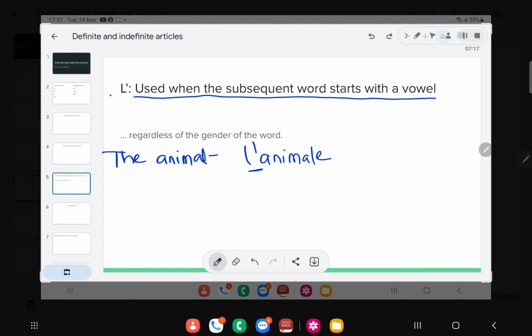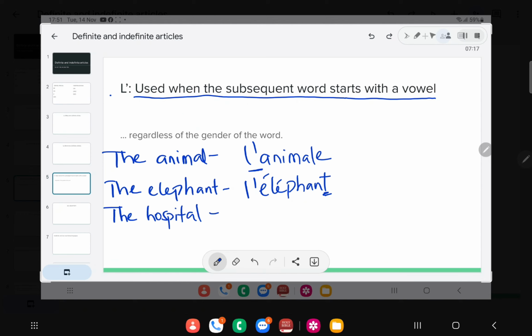If I wanted to say the elephant, this would be l'éléphant. The T is silent because it is not followed by an E. So the elephant, l'éléphant. Another example, if I wanted to say the hospital, this would be l'hôpital.